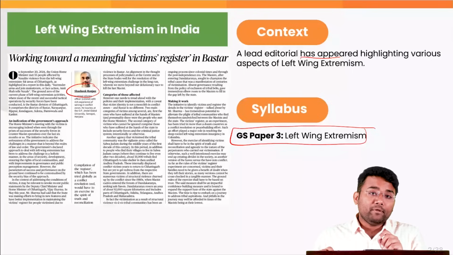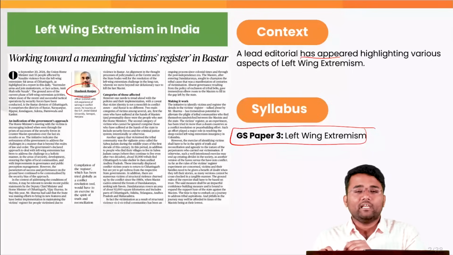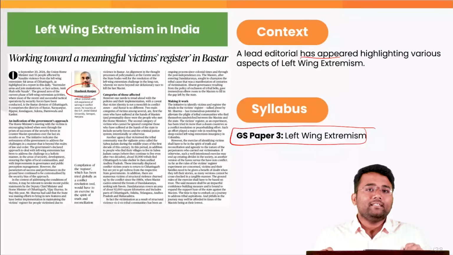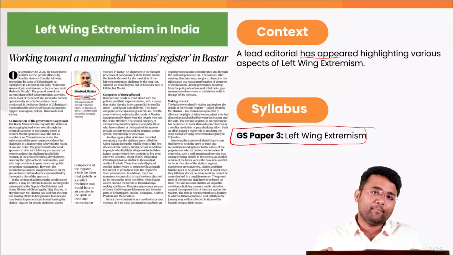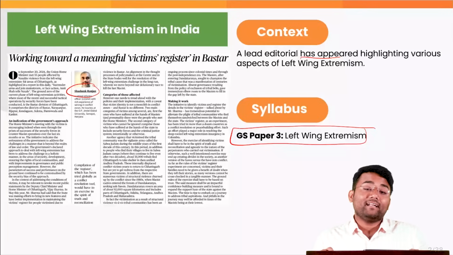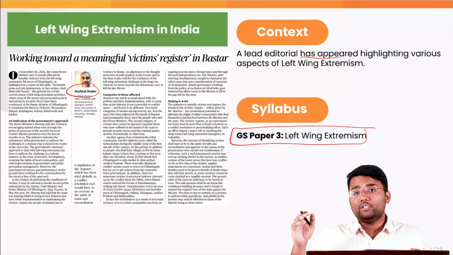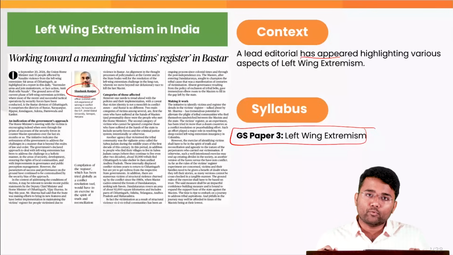Also, there are some people who have been displaced from their primitive locations due to this Naxalism. They also need to be treated as victims and provided proper compensation and rehabilitation. There are some people who are still living in Salwa Judum camps. They should also be provided proper handholding and support.